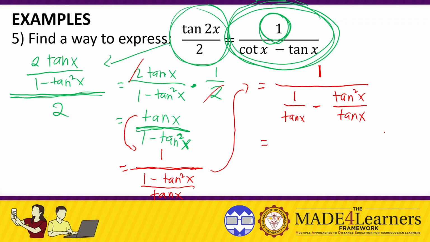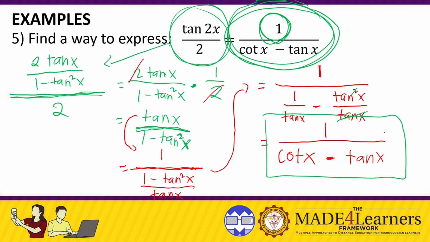Okay, and we can cancel out: in the squared term, we cancel out tan x. And then we'll have 1 all over, take note, 1 over tan x is cotangent x minus tan x. And we have reached our goal. This is our answer. Okay, so we have verified that this is correct.